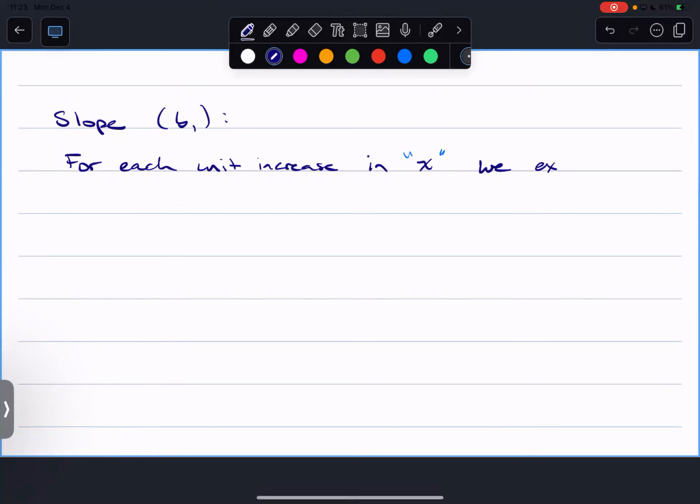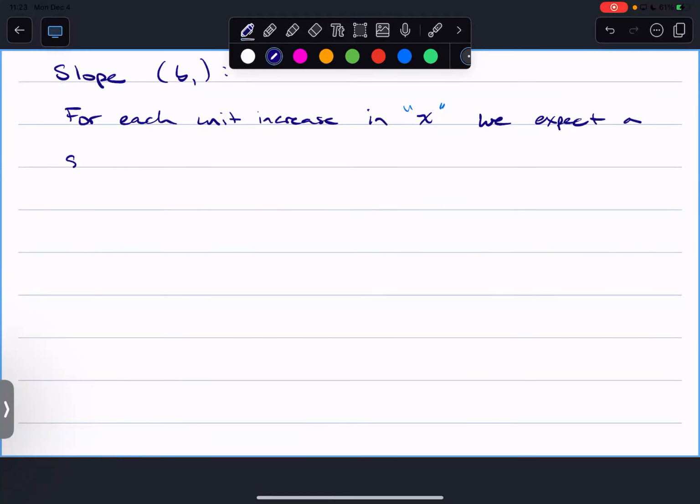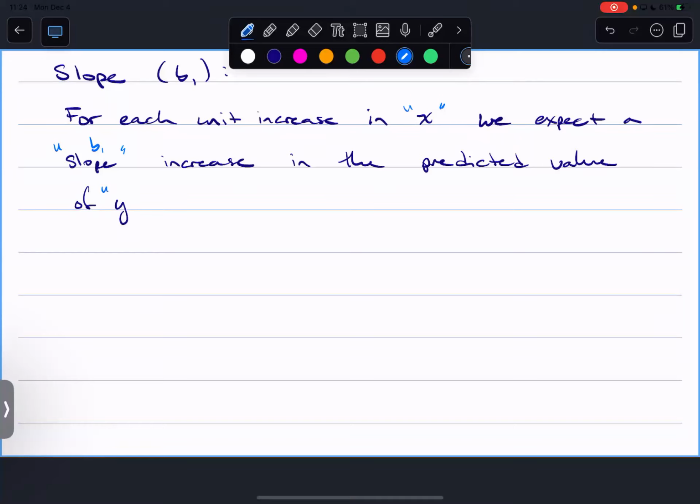We expect a slope increase, and this is where you would say b1, whatever it is, slope increase in the predicted value of y. And y would be the percentage in poverty in this example, right?